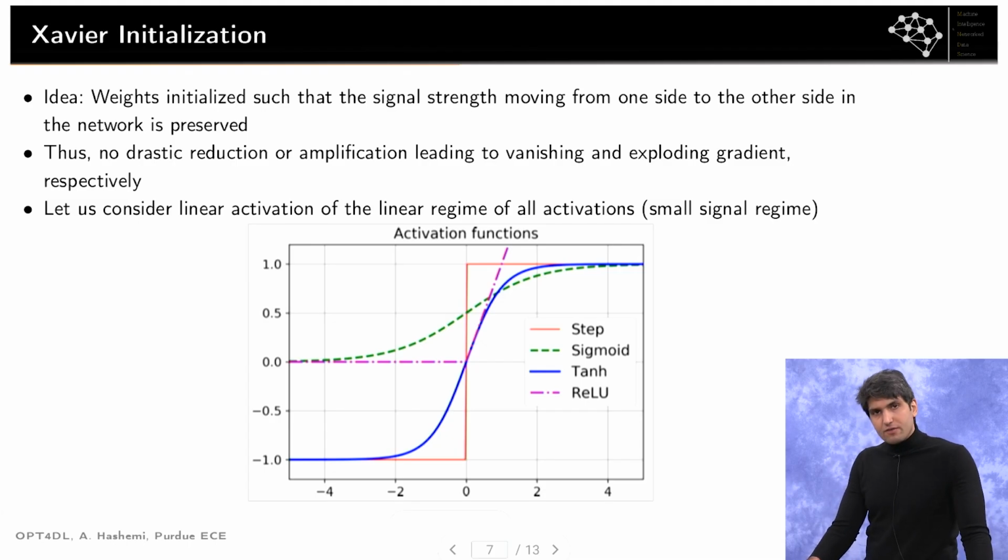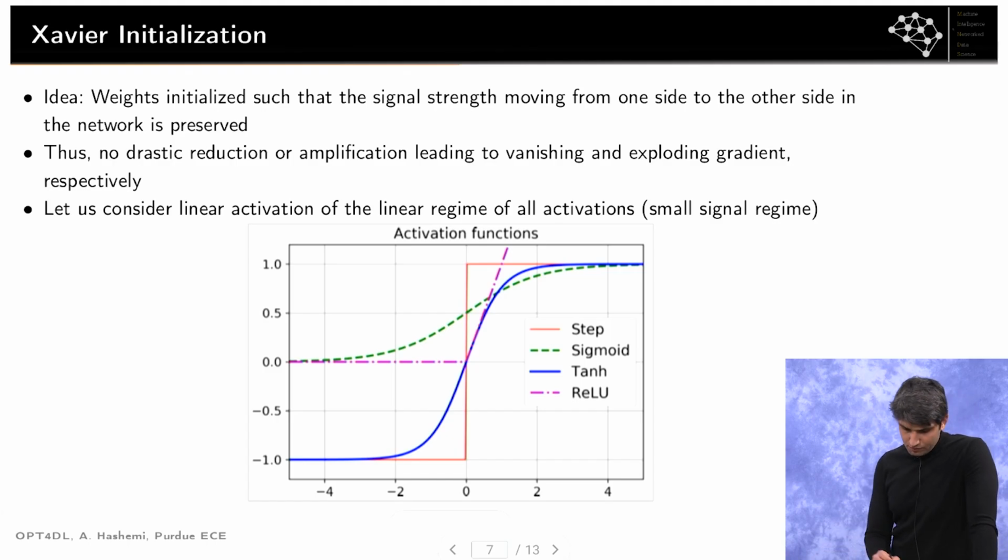The way we calculate these gradients, as we're going to talk about in our future lectures, is through the backpropagation algorithm, which requires us to traverse the network in both forward and backward directions. So what we want is to make sure there is no drastic reduction or amplification in the signal strengths, which could lead to vanishing and exploding gradients.